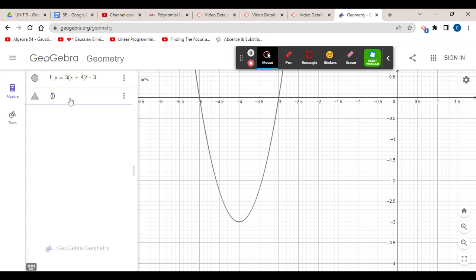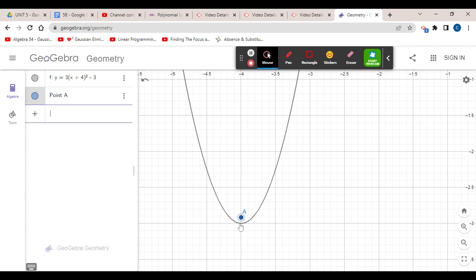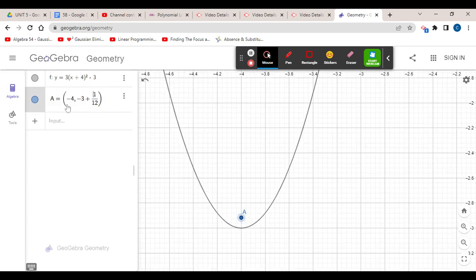So our focus point was -4, comma, and then we took -3 plus 1/12 there. And there is our focus point. Okay, so -4, comma, -3 plus 1/12. That gives us our focus point A.